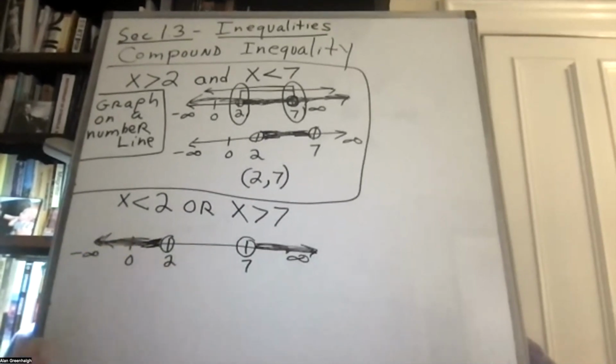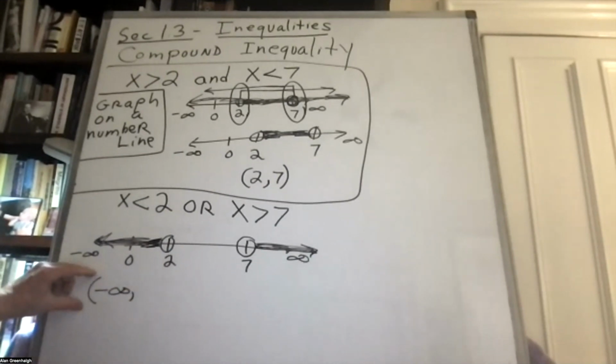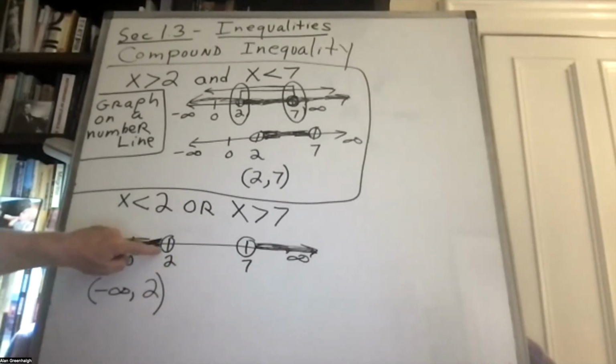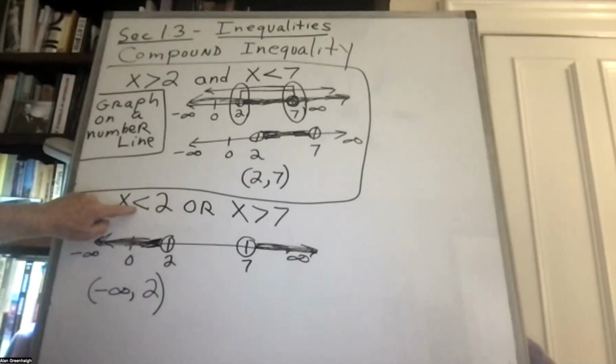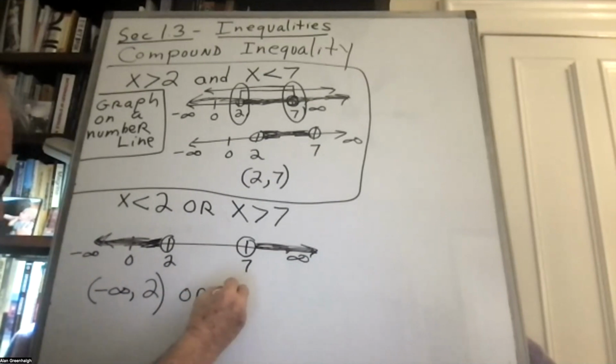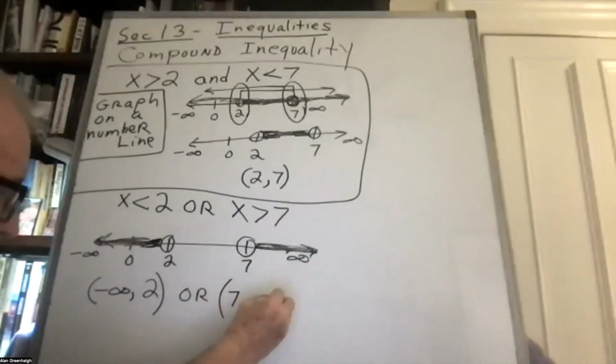And in interval notation, watch very carefully. I know people are taking notes, all that. Stop for a minute and just watch. Negative infinity, in parentheses, 2 in parentheses, because it's not shaded in, there's no equal sign. And also, or 7 to infinity.